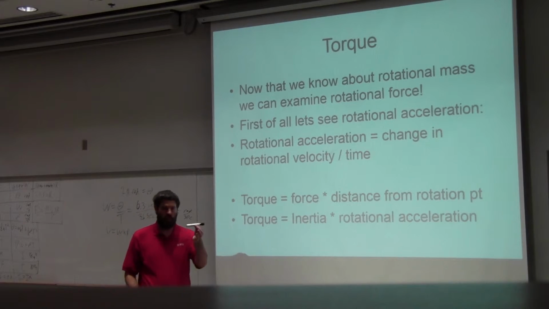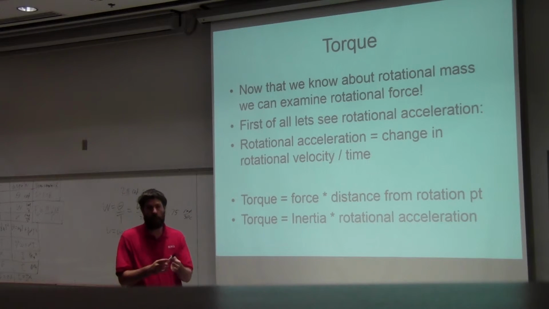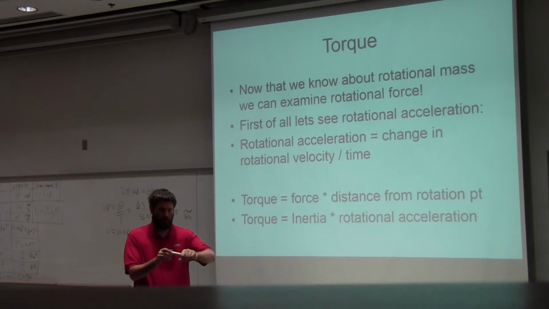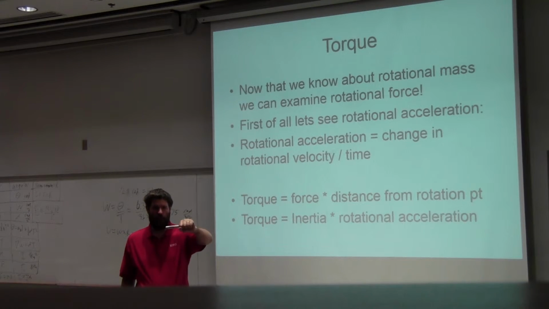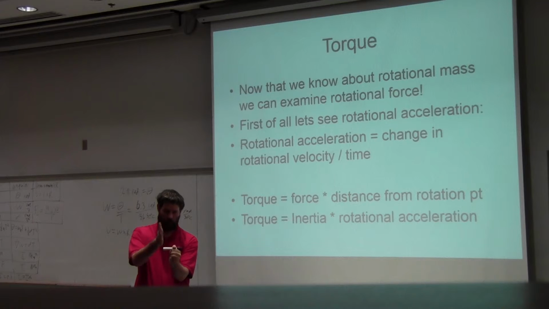Now the rotation point is going to depend upon whether the object is free or if it's bolted down. If you have an object that's not held down, the rotation point is going to be what's called the center of mass, in this case, the center of the object. If it's held down, wherever it's gripped, let's say I grip it here, that's going to be my rotation point. So it's going to rotate at this point here.